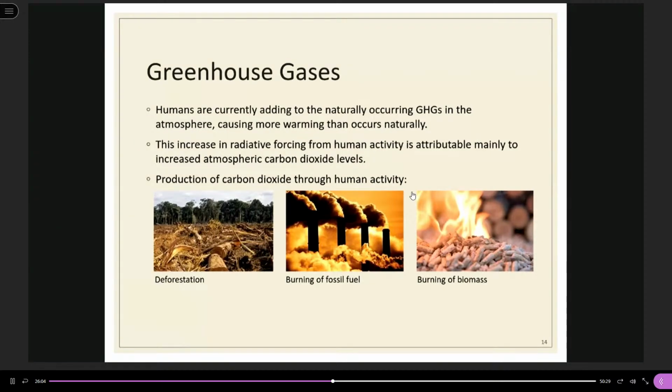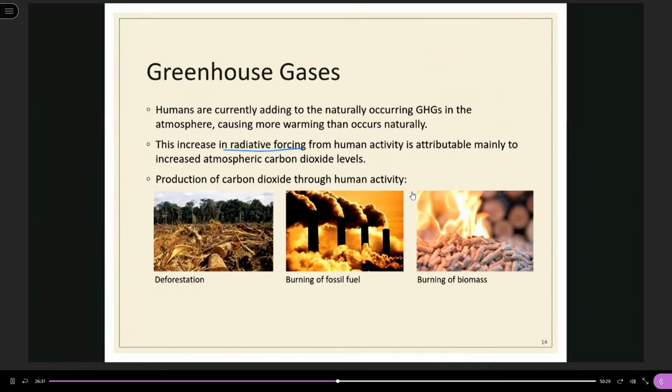The radiative forcing means the heat trapping ability of the atmosphere. Sunlight is a kind of radiation, so the radiation from the sunlight will be absorbed by the greenhouse gases and then released to the atmosphere after some time.